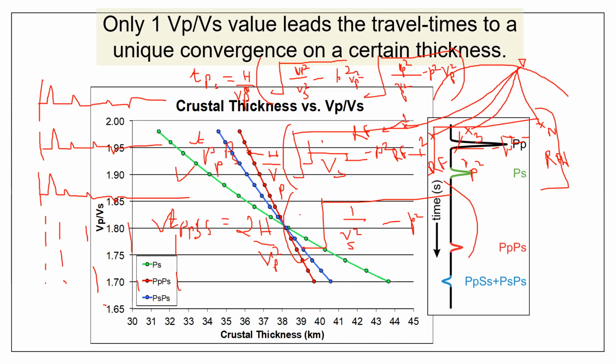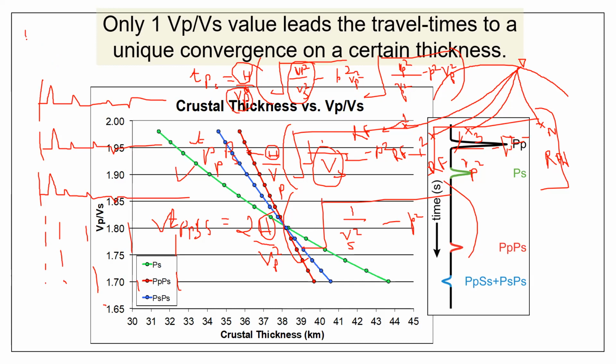So basically, you will see that your travel time will become a function of this H and this kappa value, the Vp by Vs ratio. This travel time also will become a function of H and Vp by Vs ratio. Likewise, this T_PPSS also will become a function of H and Vp by Vs ratio. So the only unknown will be this Vp value here.